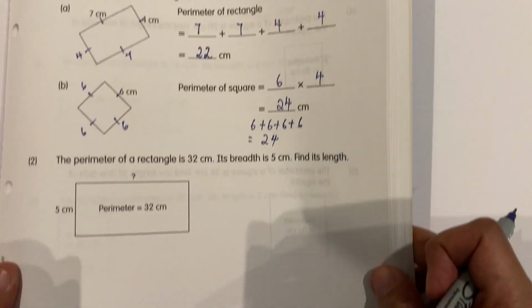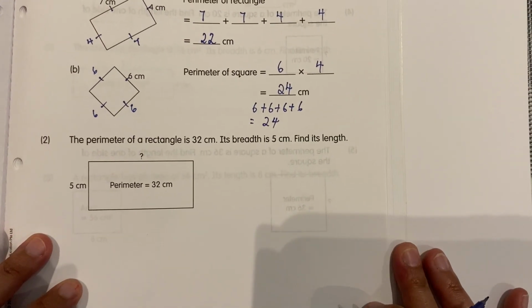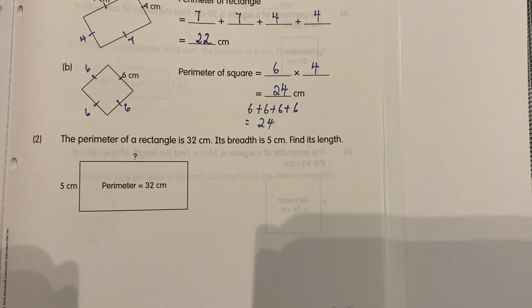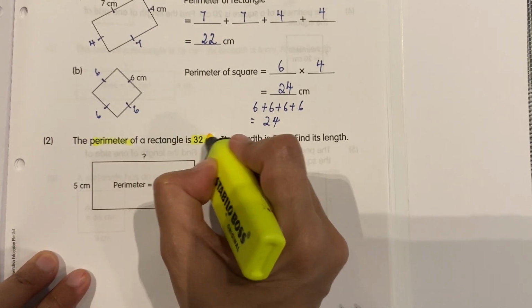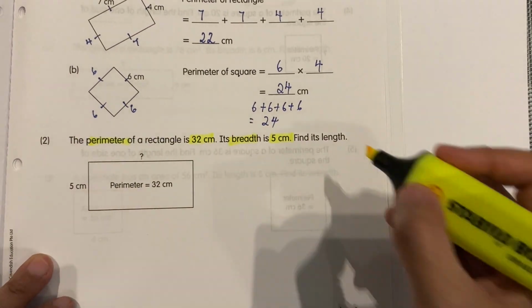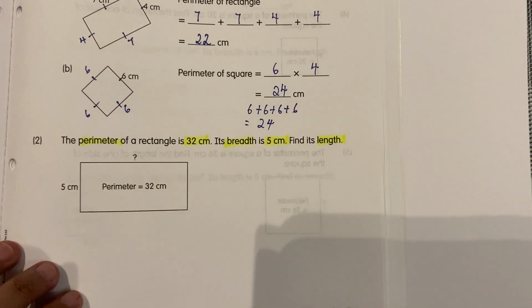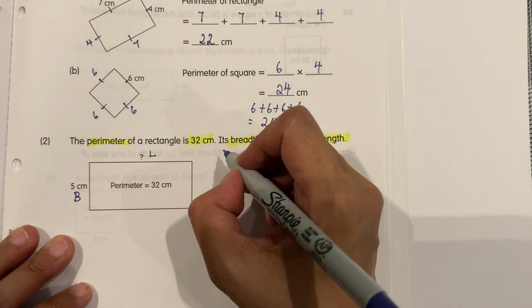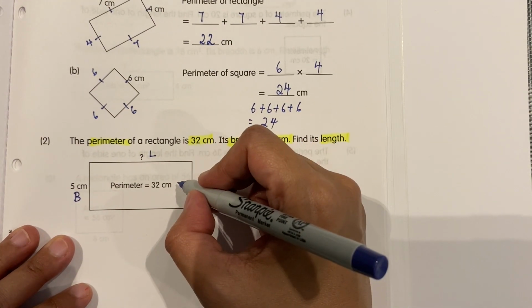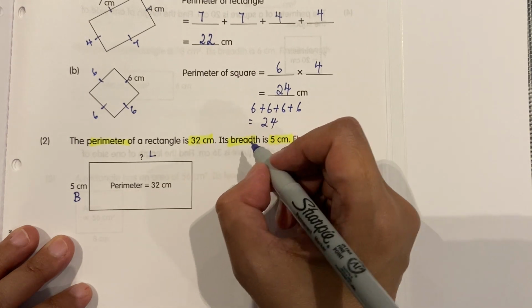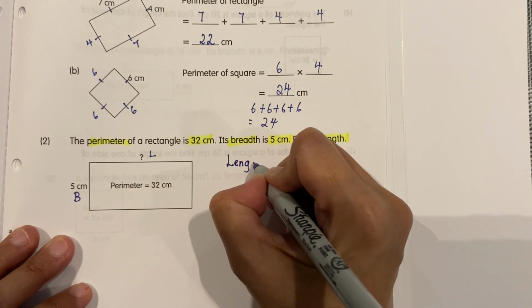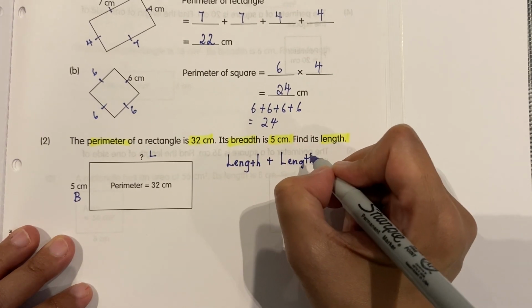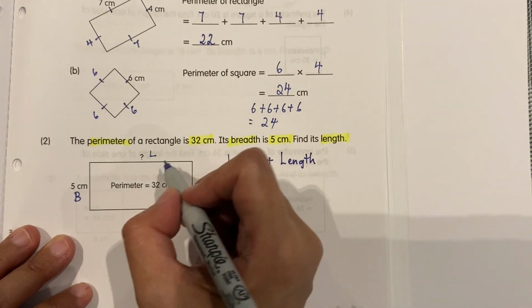Next. Perimeter of a rectangle is 32. Now the perimeter is given, the breadth is given, so highlight: the perimeter is 32, the breadth is 5, find the length. Here, this is the length, this is the breadth, so you have the perimeter given as 32. How do you find the length?